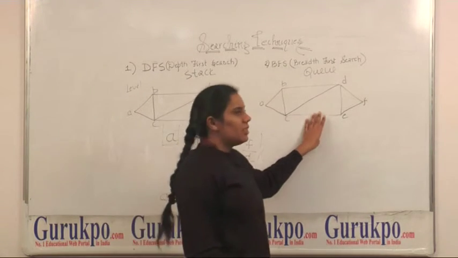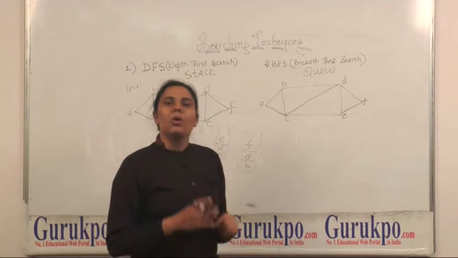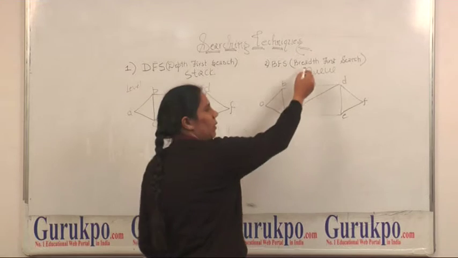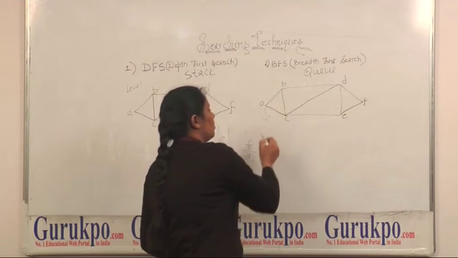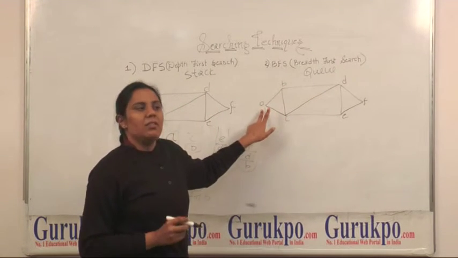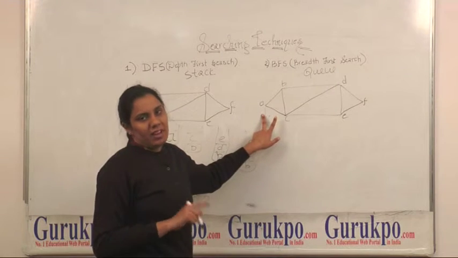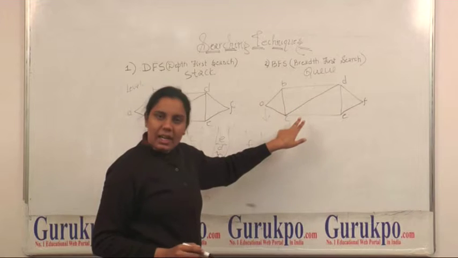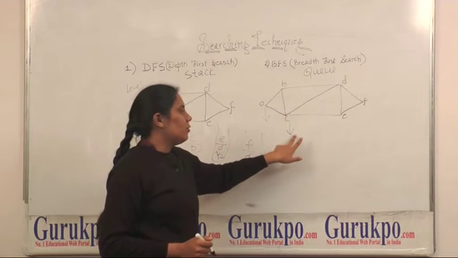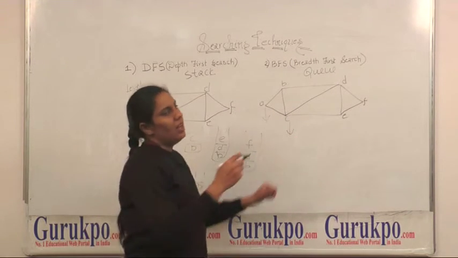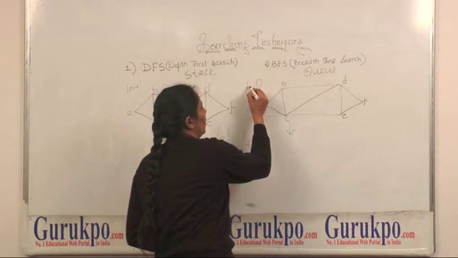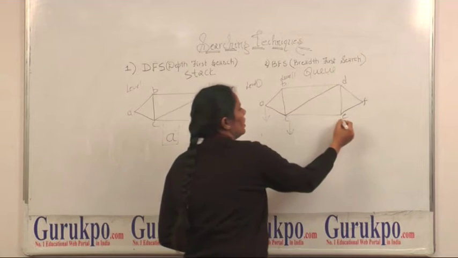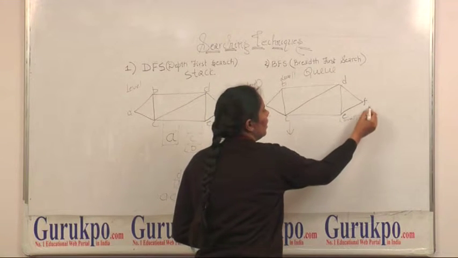Whereas in breadth first search, we explore all the nodes at a level. Suppose we are on level 0, then we have to explore all the nodes of level 0. Whenever we come to level 1, we have to explore all the nodes of level 1, that is level 0, level 1, level 2, level 3.